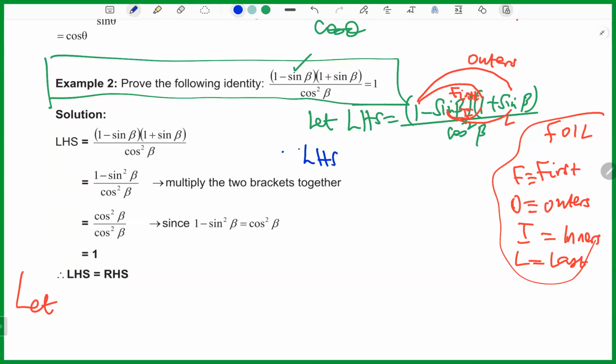So the left-hand side. So 1 by 1, if you look at the first, it's going to be 1. The outers, 1 by the sine of beta is going to be the sine of beta. Minus sine beta by 1 is minus sine beta. Minus sine beta times sine beta is minus sine squared beta.